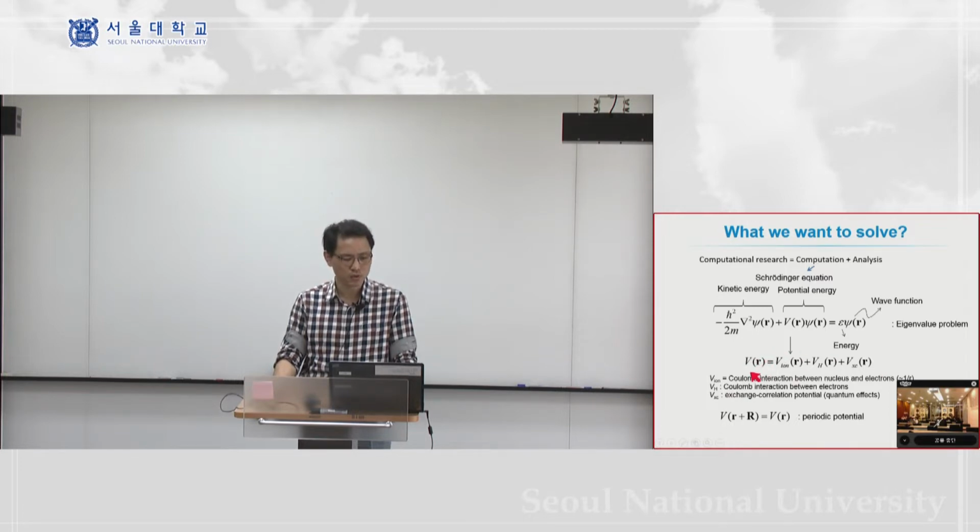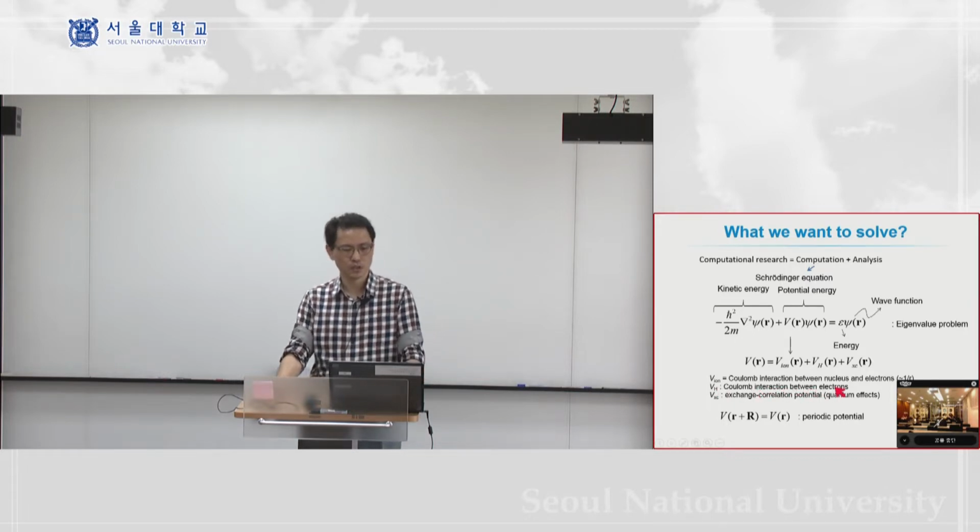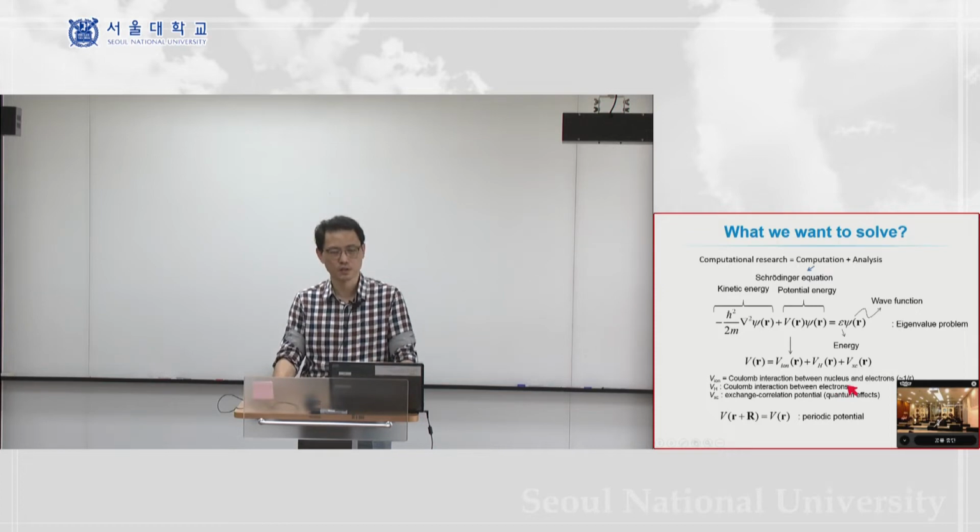The first one is the ion potential. This is the Coulombic interaction between the nucleus and electrons, which goes as 1/r. The VH is the Hartree potential, which corresponds to the Coulomb interaction between the electrons, but it is a classical electron-electron Coulomb interaction. So the ion potential and the VH are classical interactions. The last part is the exchange correlation.